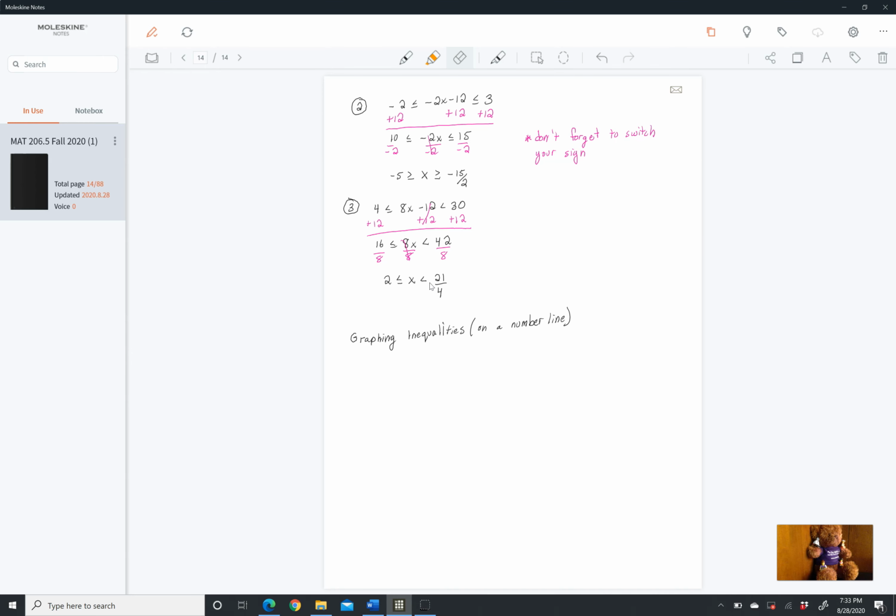Typically, you probably remember it as using a closed dot. Because we're going to be doing interval notation, we can also use a parentheses, okay? So what we're doing is we're showing the range of values our answer falls in.